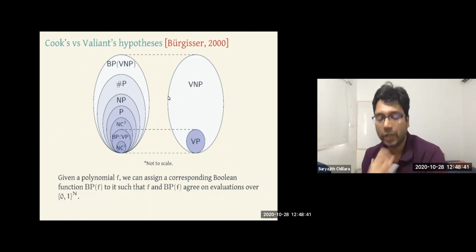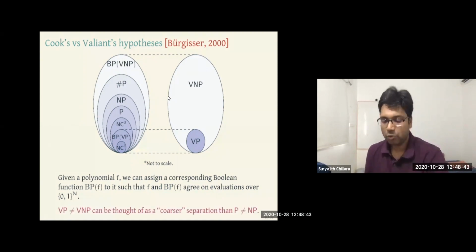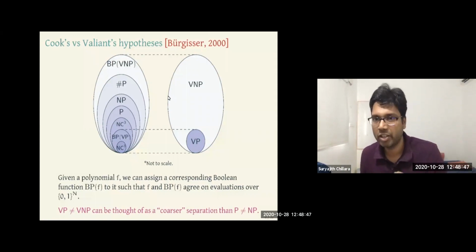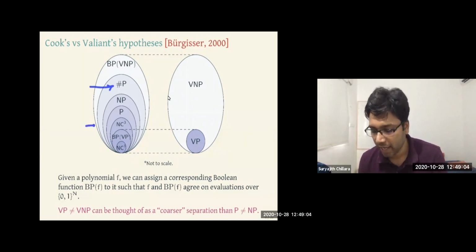So now VP not equal to VNP can be thought of as a coarser separation than P not equal to NP from this picture. Further, if we were to believe that VP is equal to VNP, then the Boolean parts also collapse into each other. That means #P collapses into NC3.